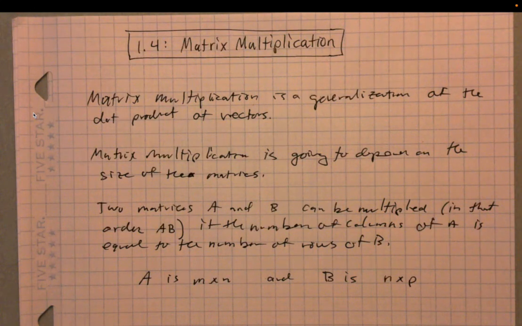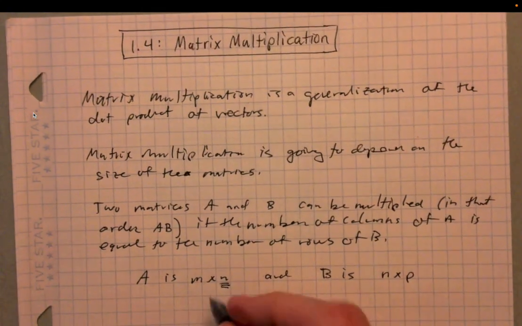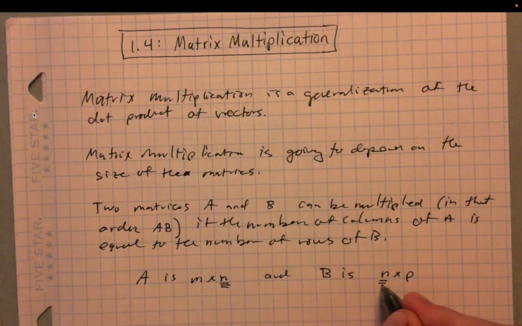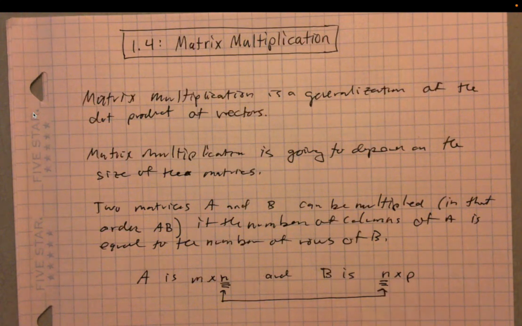Okay, so these two matrices can be multiplied together because the number of columns of A, specifically n here, is equal to the number of rows in B. So that's a key consideration when trying to determine whether you can multiply two matrices.